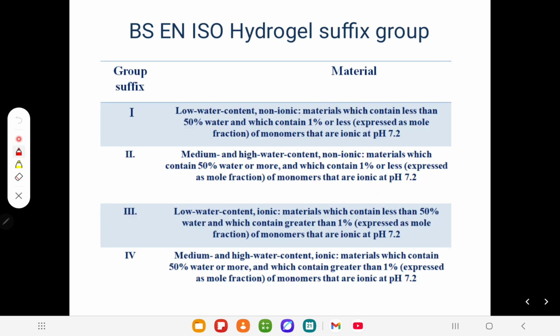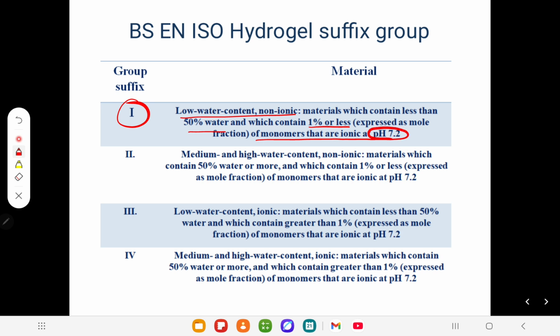See, group suffix I means low water content and non-ionic. What do you mean by low water content and non-ionic? The material contains less than 50% water. And what do you mean by non-ionic? It contains 1% or less of monomers that are ionic at pH 7.2. Just remember this.